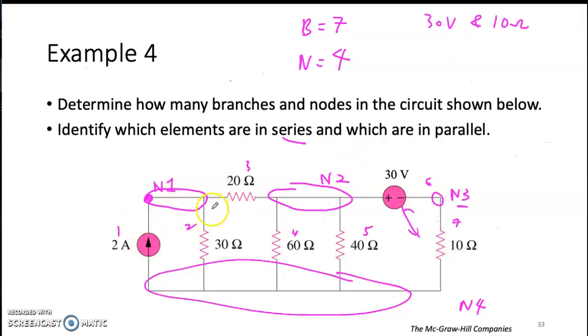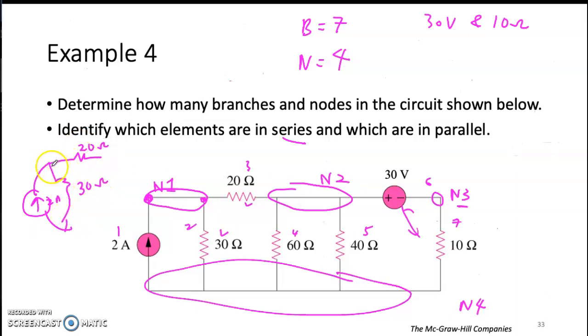Okay, next is parallel. How about if we say 30 and 20 ohm here? Are they in series? When I say series, it only means they share the same node, right? So if you redraw here, this is 2 ampere and here is 30 ohm and then you have 20 ohm.